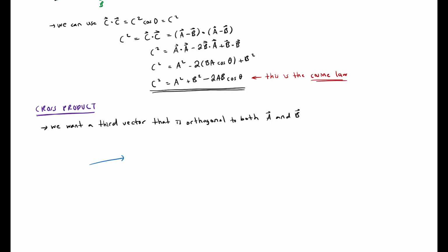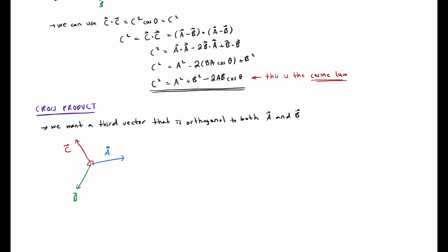So let's find an A and let's write down a B. Then that means that C must be orthogonal, so orthogonal here and here, and that would be our vector C. And because of this and what we're trying to find, it must mean that if the cross product is going to be orthogonal to both A and B, it needs to have a direction.